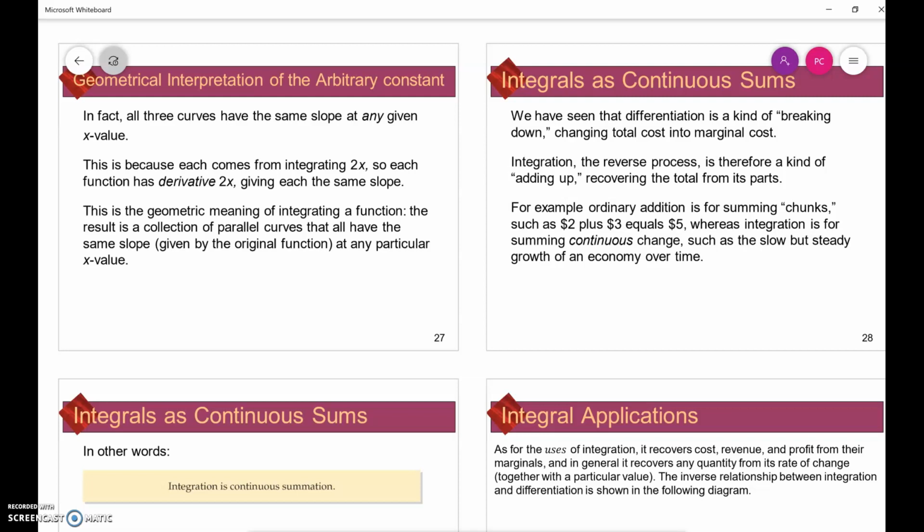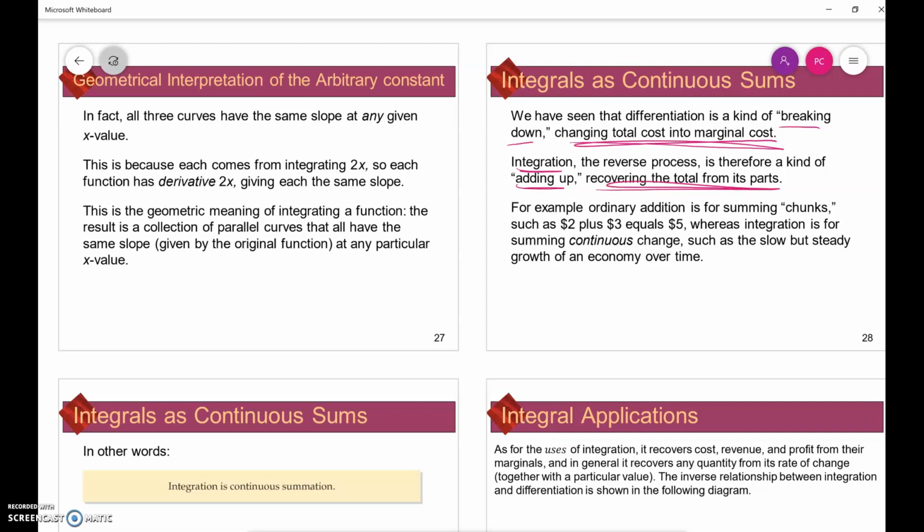All right, so we've seen that differentiation is kind of breaking down or changing total cost into marginal cost. Integration is the reverse process, therefore a kind of adding up and recovering the total from its parts. We're doing that inverse operation.